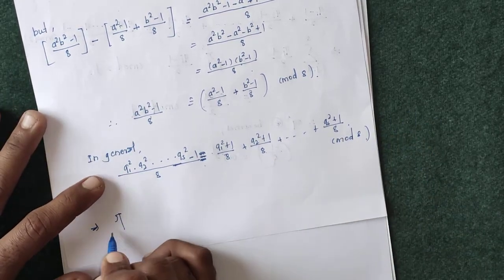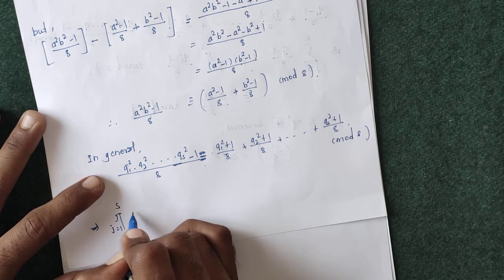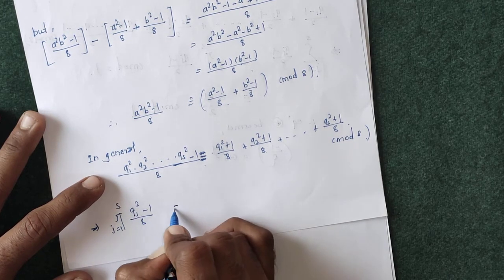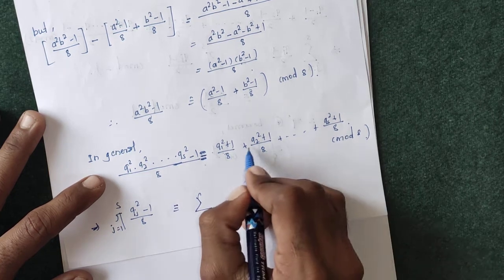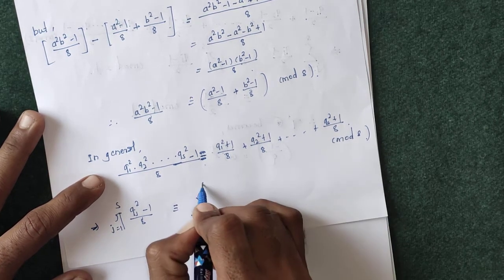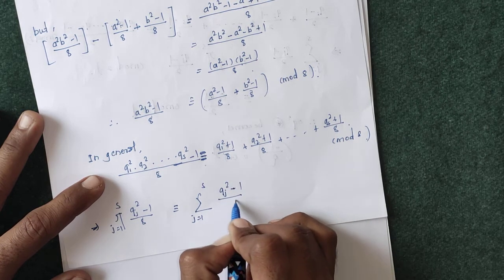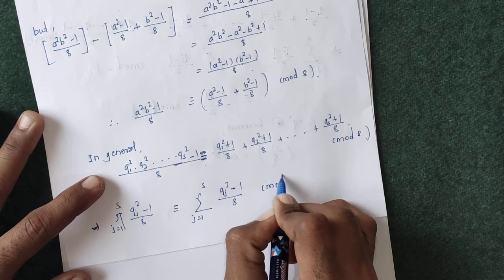So, this is the product of j running from 1 to s of qj square, minus 1 by 8, and this is just the summation of j running from 1 to s of qj square minus 1 by 8 under modulo 8.